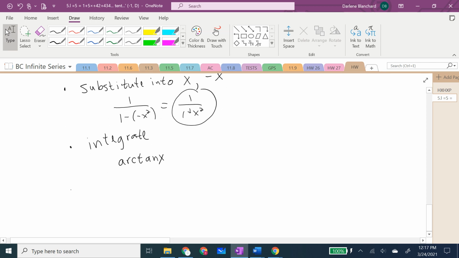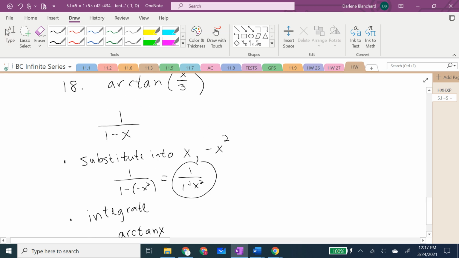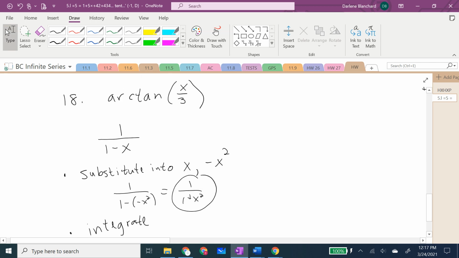So at this point, I can then plug in that x/3. And we could have dealt with this before integration, but it is far better to deal with after integration. So now that's the plan.